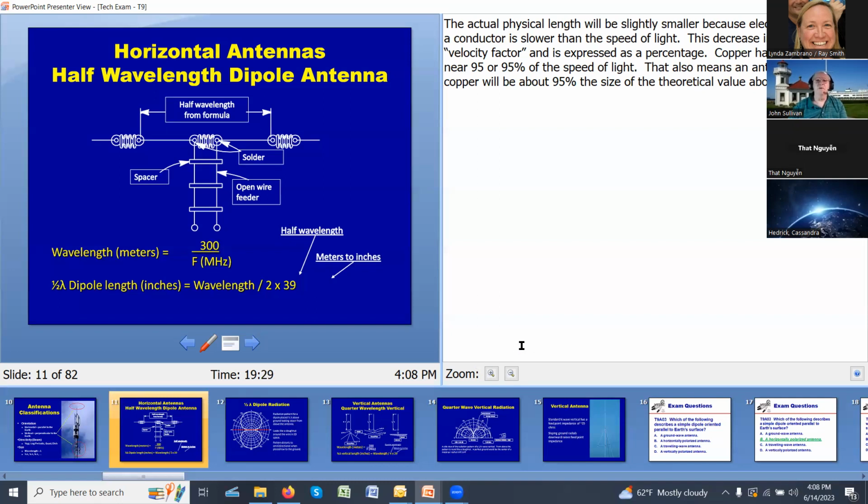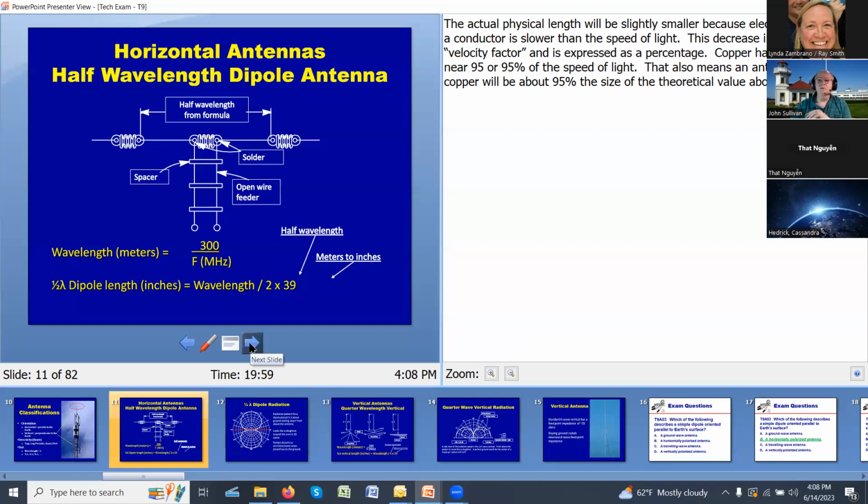And going back to our formula for wavelength, we know that 300 divided by the frequency in megahertz will give us a wavelength in meters. So a half wavelength dipole length in inches would be the wavelength divided by 2, because it's half a wavelength, times 39 to convert meters into inches.